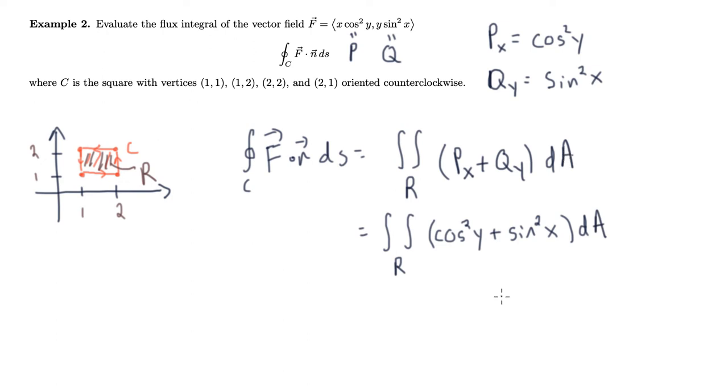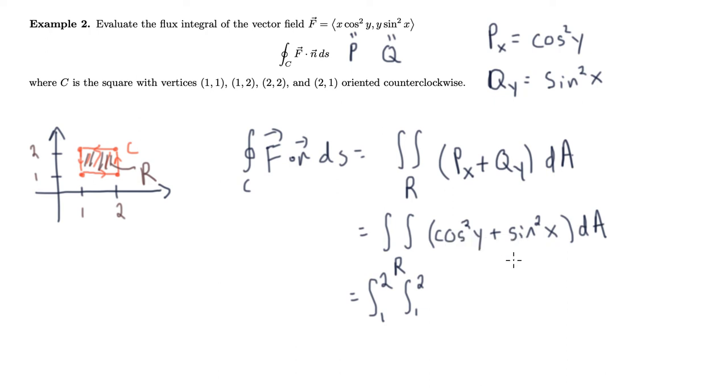Okay, and so x and y both just go from 1 to 2, so we have the integral from 1 to 2, of the integral from 1 to 2, of what now? Let's see. So what can we do here? Unfortunately, you might be tempted to say, oh, cosine squared y plus sine squared x is 1.